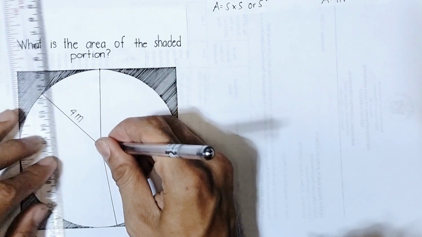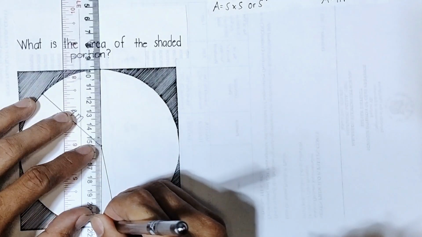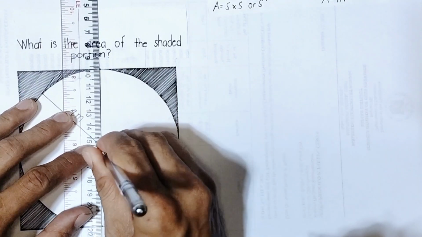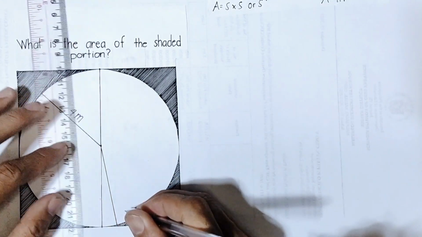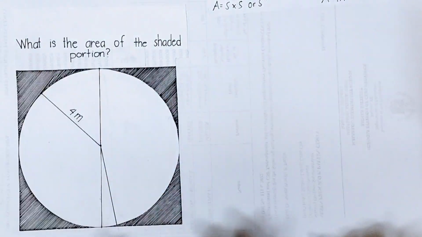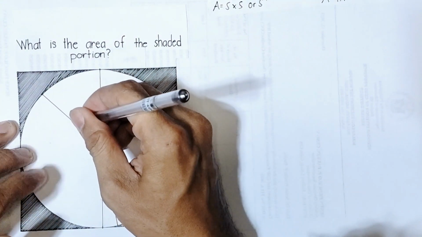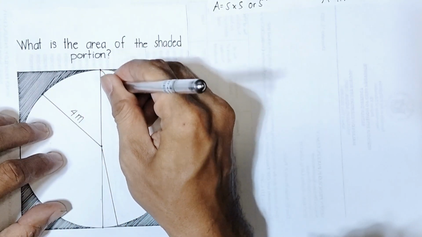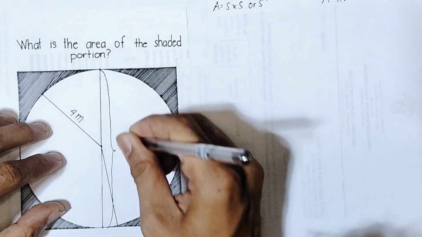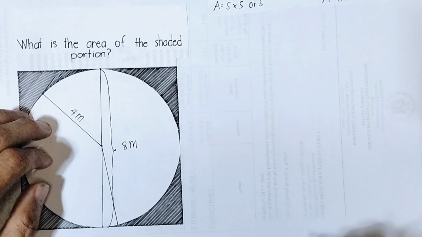And let's make another radius connecting the center to the opposite side of the square, forming one diameter. And take note that a diameter has 2 radii, right? So if the radius measures 4 meters, the diameter measures 8 meters, because the radius is just half of the diameter.